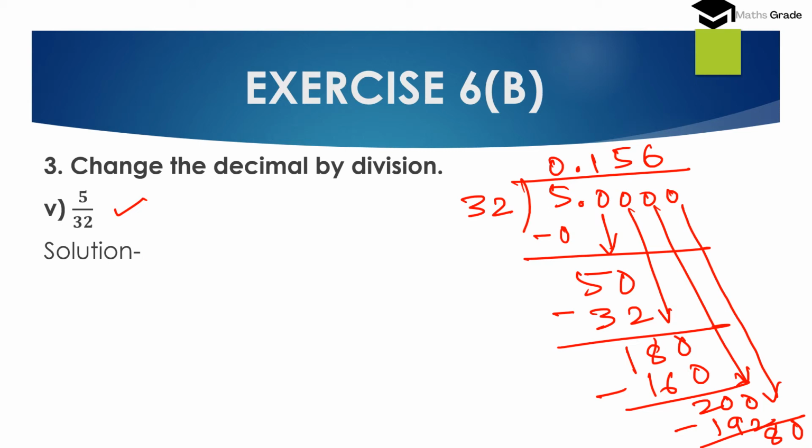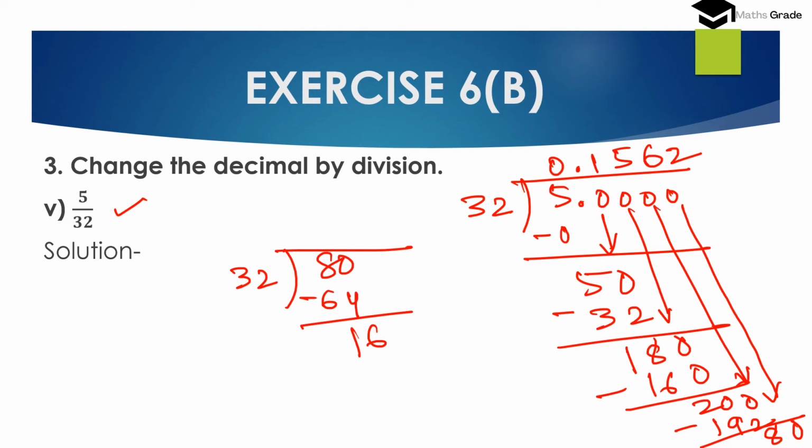Now this 80, here 32 multiplied with 3 is 96, which is more than 80. So we have to multiply 32 with 2. 32 multiplied with 2 is 64. Now 80 minus 64 is 16.